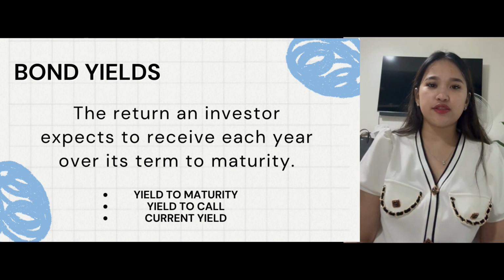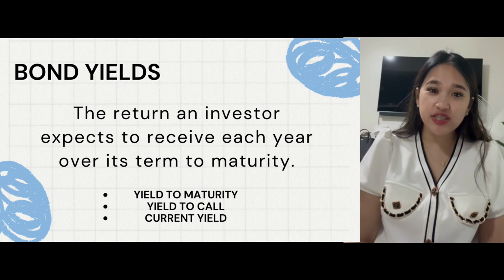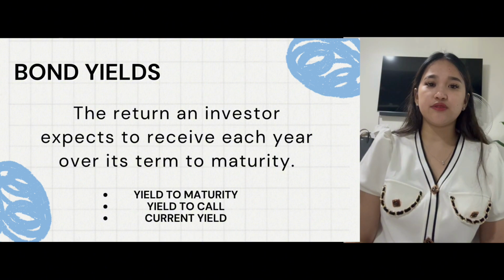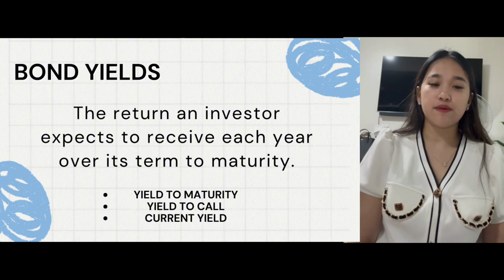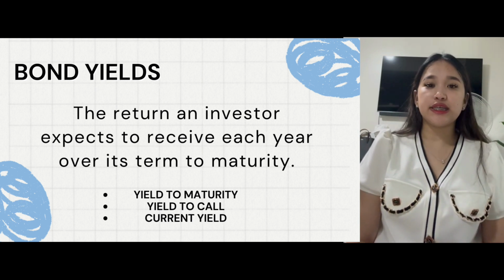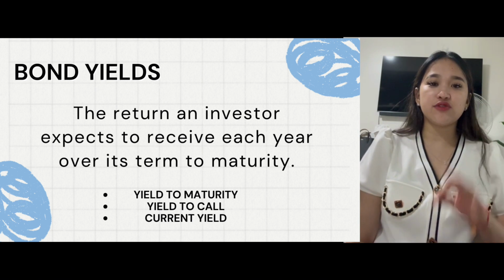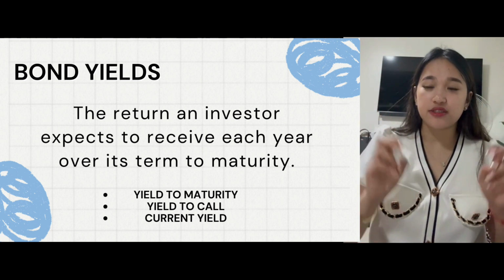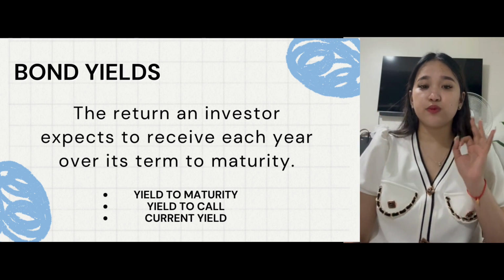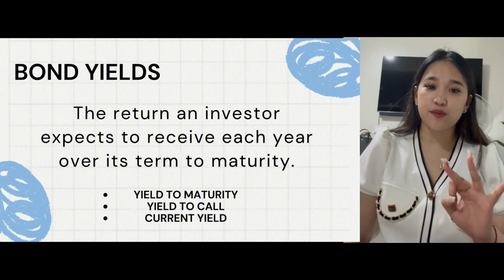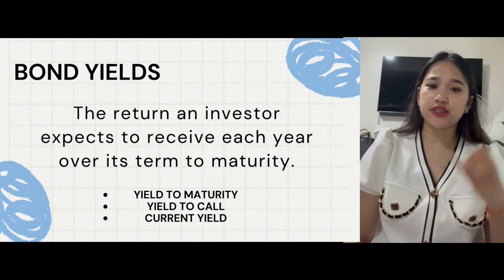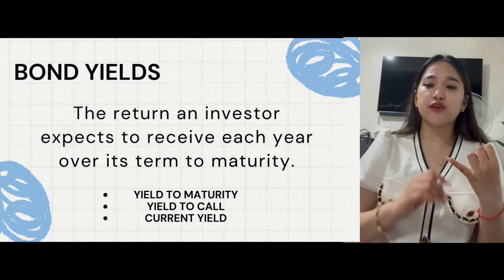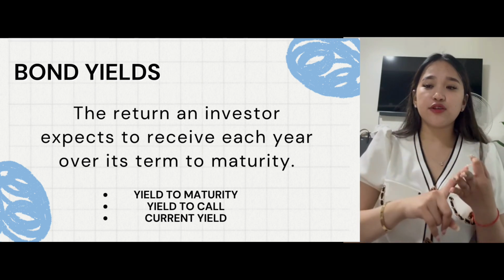Unlike the coupon interest rate, which is fixed, the bond's reported yield varies from day to day depending on the current market conditions. Moreover, the yield can be calculated in three different ways, and these are the bond yields. As we said earlier, we have three bond yields. The first one is yield to maturity, the second one is yield to call, and the third one is the current yield.